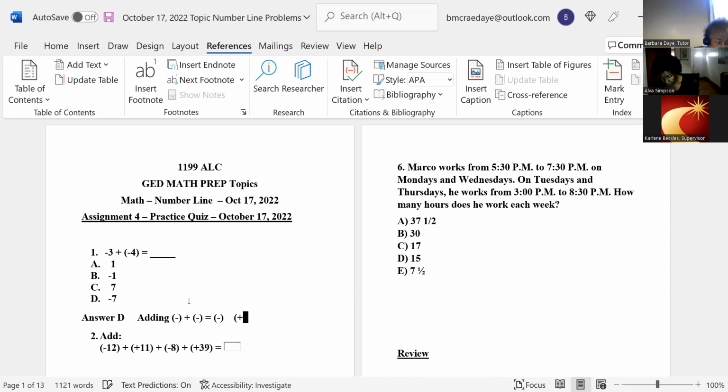So plus added to a plus gives a plus. So those are your addition rules. When you add negatives, you get a negative. When you add positives, you get positive.